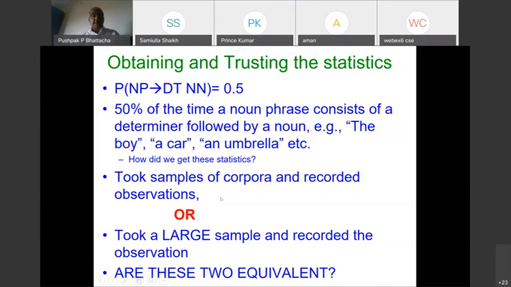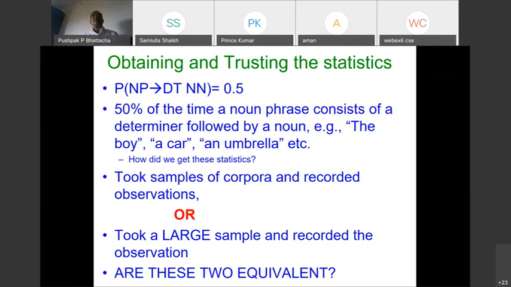So taking many samples of corpus and recording observations, here we are changing the sample. And taking an extremely large sample and making the observations out of these. Are these two questions equivalent? That's an important and interesting point.